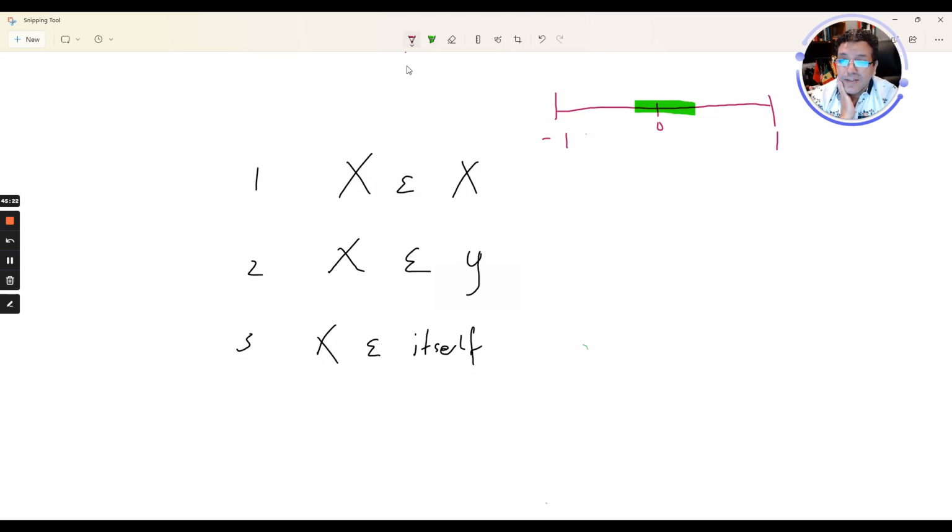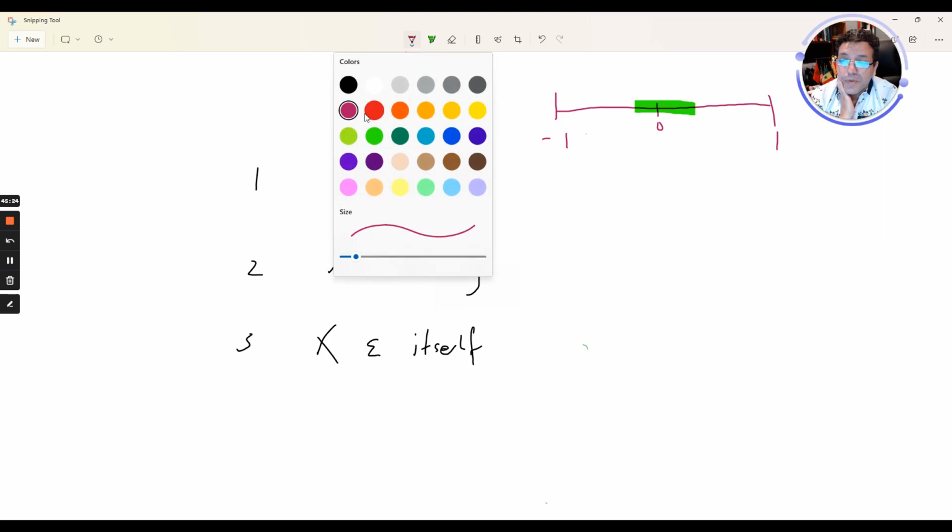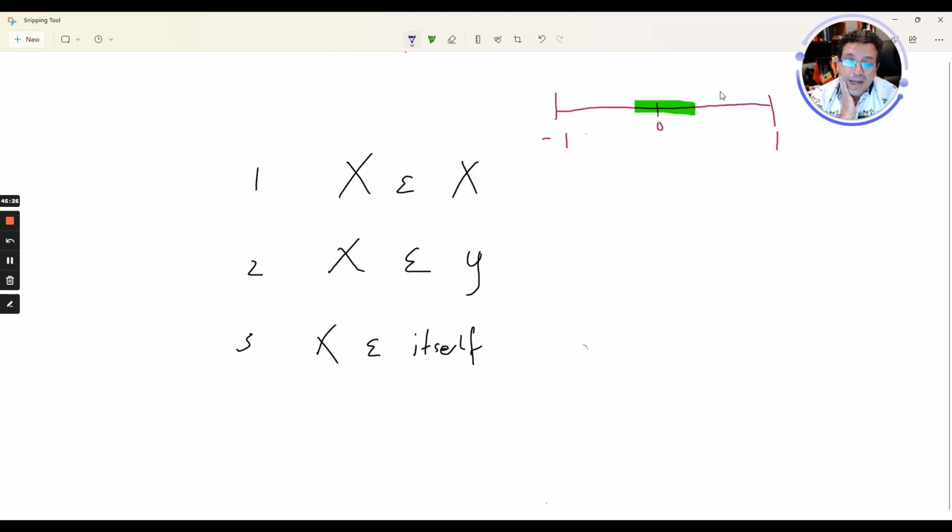If it is closer to 1 or closer to -1, we need to remove them. We are going to remove anything that is closer to 1 or closer to -1. But usually you don't find -1, you find 1.